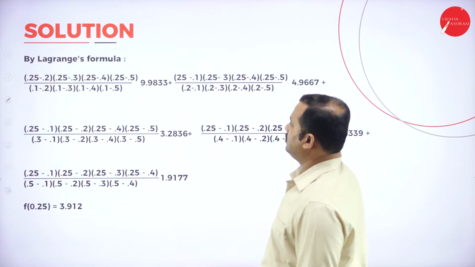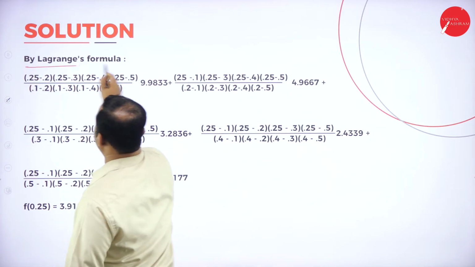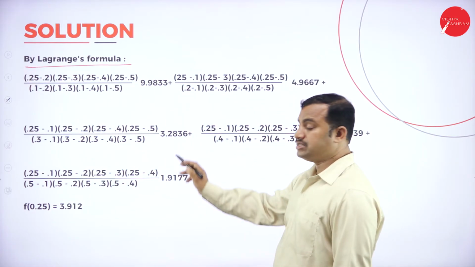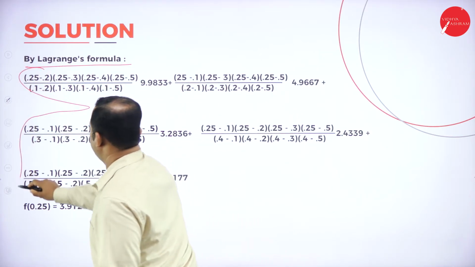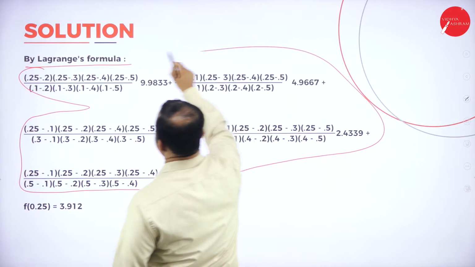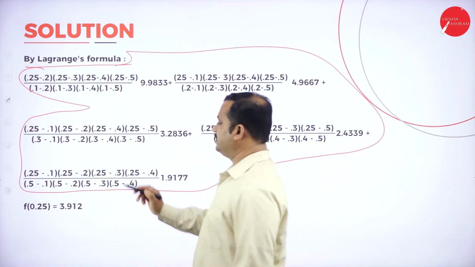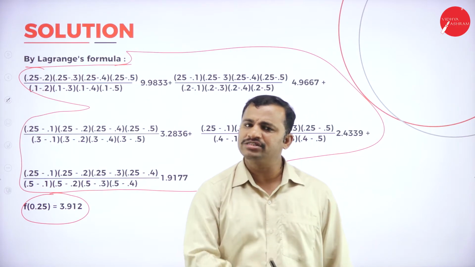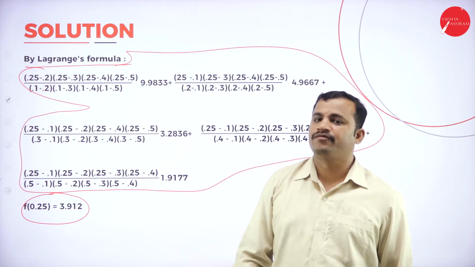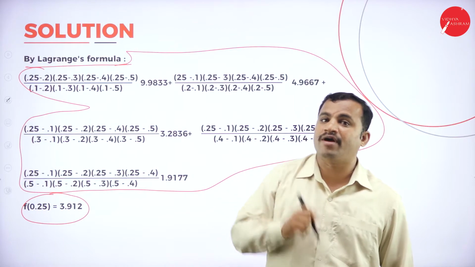Next we have the Lagrange method. What does the Lagrange formula indicate? The same thing. If you apply these values into this formula, you will get the value f of 0.25 is equal to 3.912. But what is the difference between the Lagrange method and Newton's divided difference?